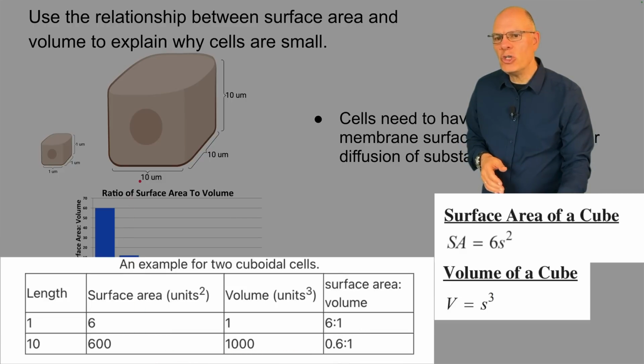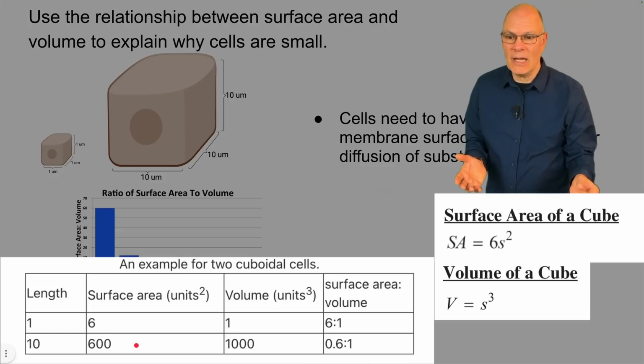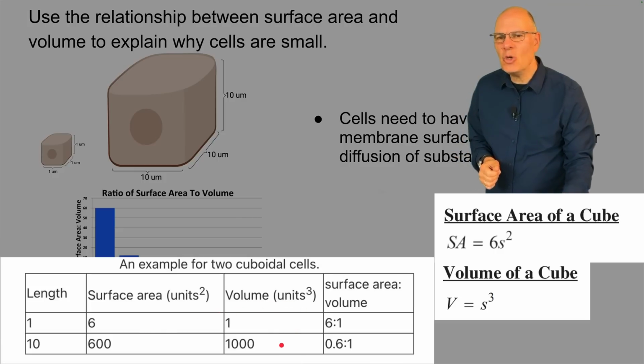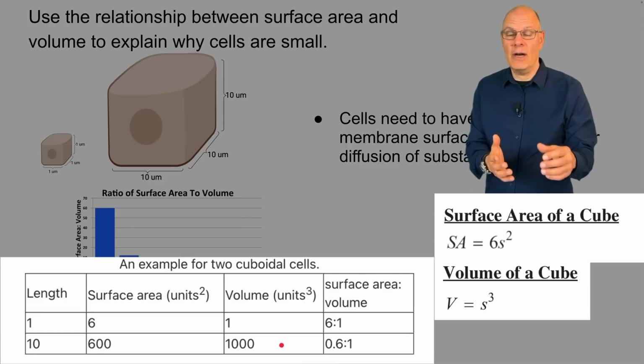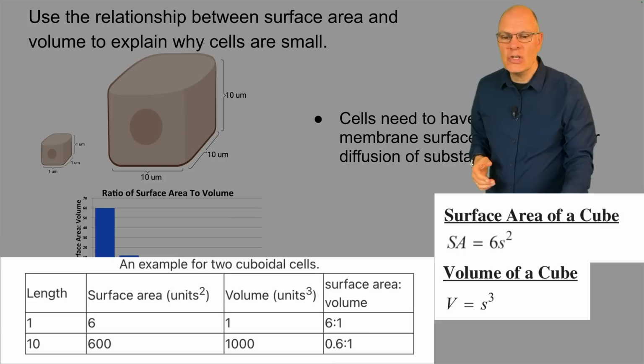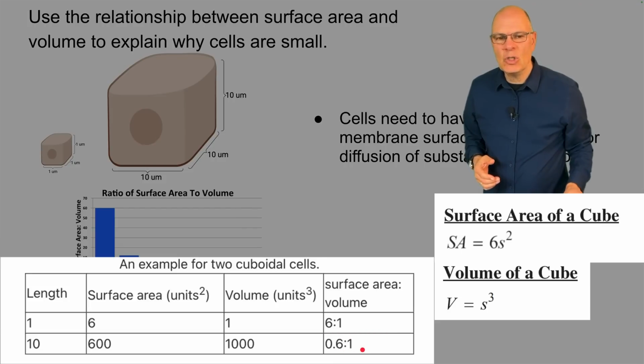Now, if you have a larger cube, one that's 10 micrometers, then its surface area is 600. Wow, that seems like a lot. But its volume is 1,000 because volume's a cubic function and it's going up much faster. So if you look at the surface area to volume ratio, it's 0.6 to 1.